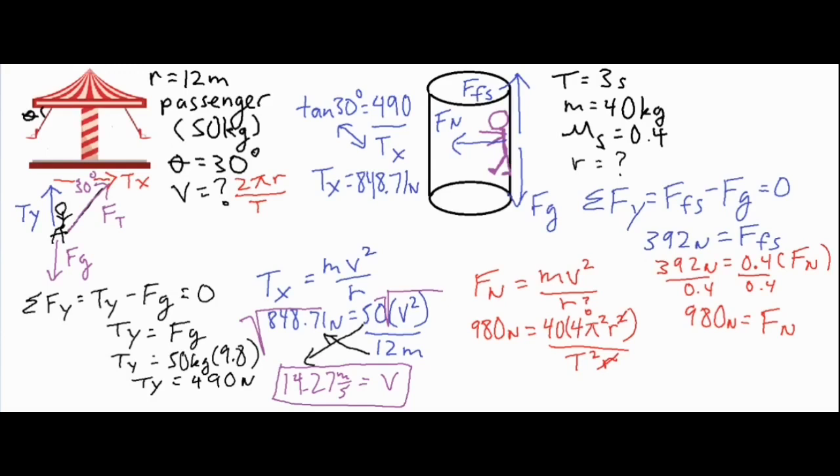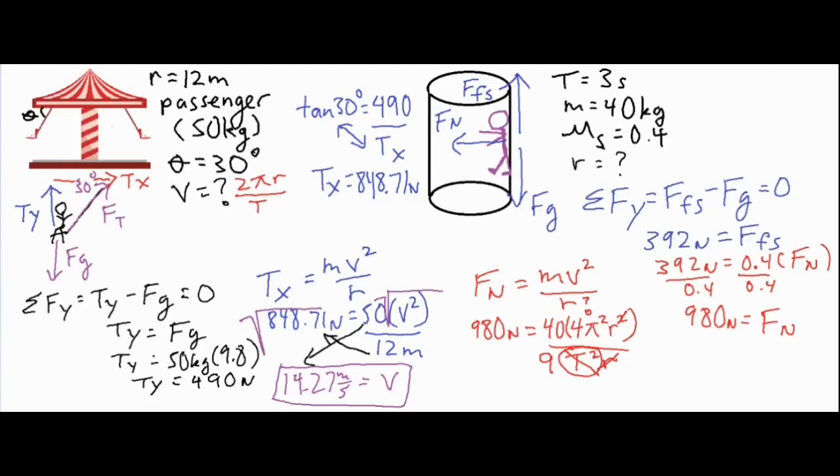Okay, so now I'm able to complete the problem because I know that t equals 3 seconds. So I'm going to replace this with a 9 because 3 squared equals 9.